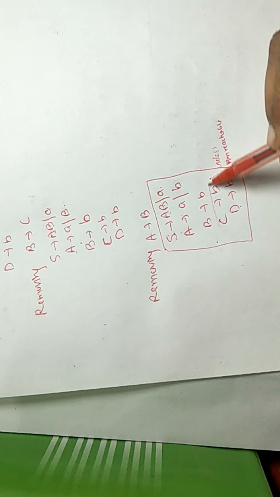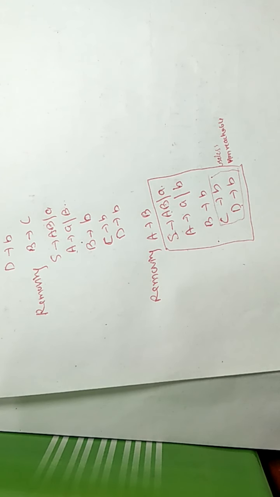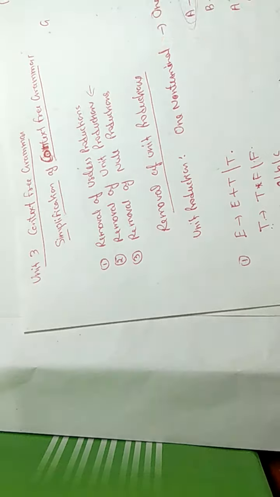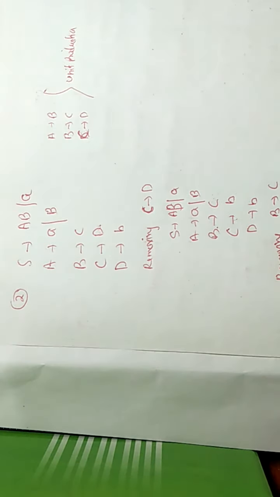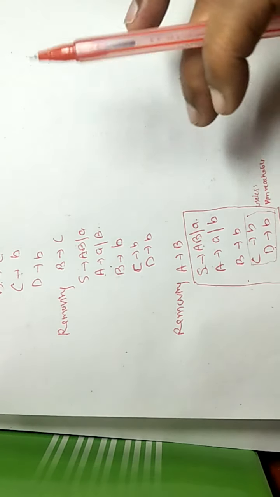We can remove them if the question is asked for the simplification of context-free grammar. Simplification means we have to apply all three processes. And if the question is asked for the removal of unit production, then we can leave the answer as it is.